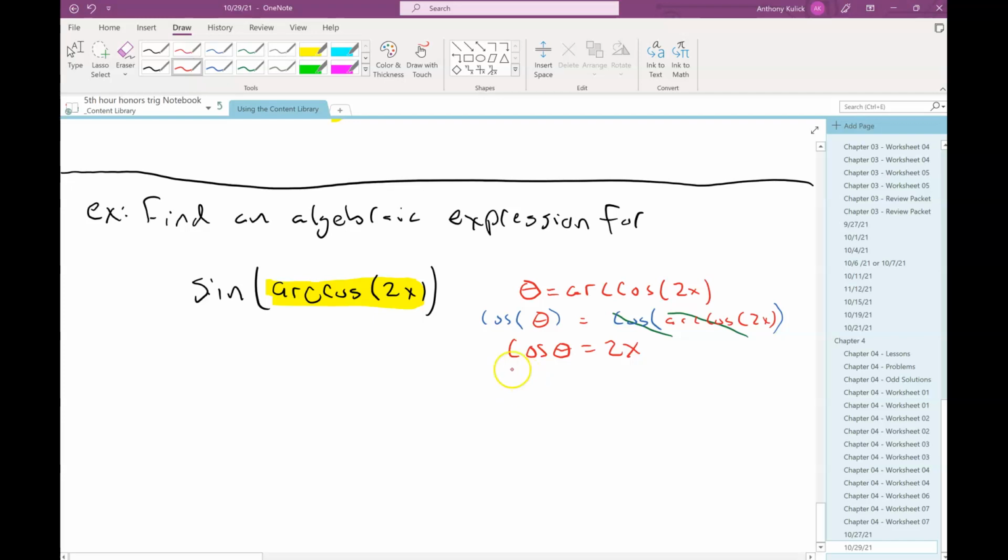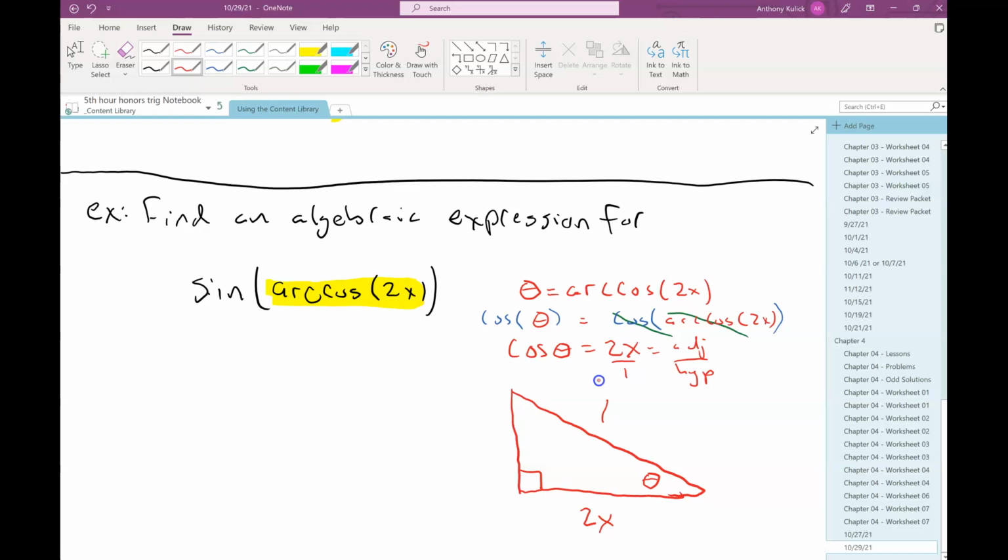So what I'm going to do now, cosine theta is equal to 2x, is I'm going to go back to my right triangle definition. So there's my right triangle with a theta drawn in it. I know that cosine is adjacent over hypotenuse, so this side should be the 2x, and that side should be the 1.